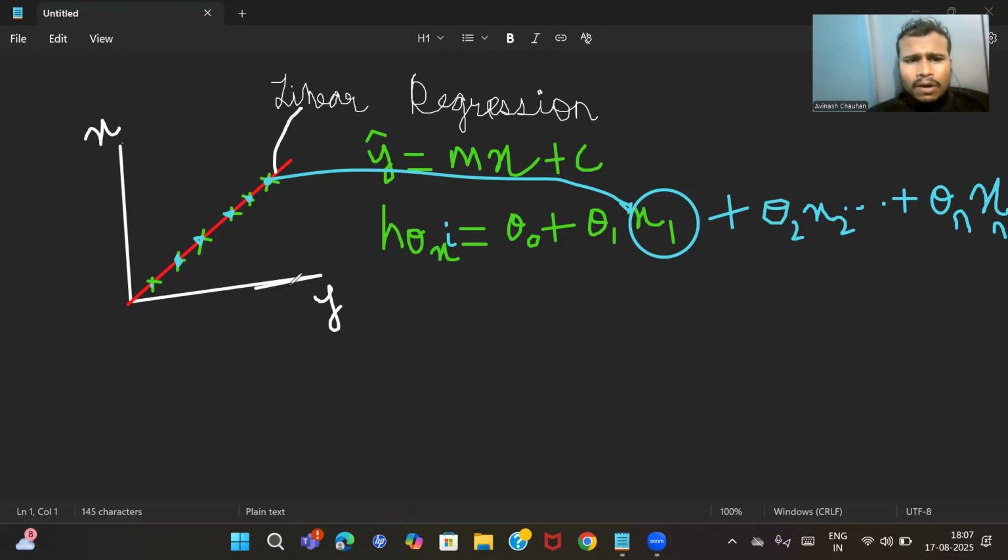For example, our model has predicted till here, and if we have one point here, and we extend this line, somewhere here my model would be able to predict the value for this point. Sorry, one thing, this will be X, this will be Y. My mistake.